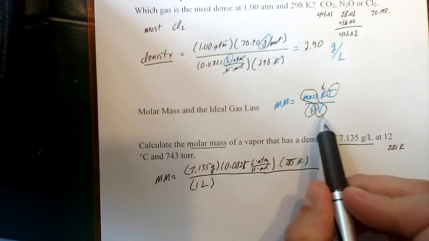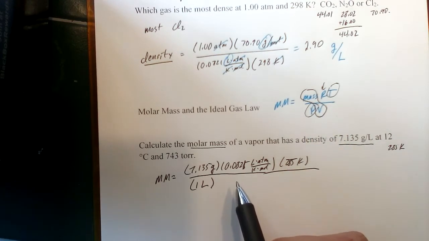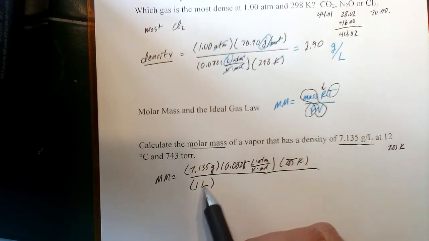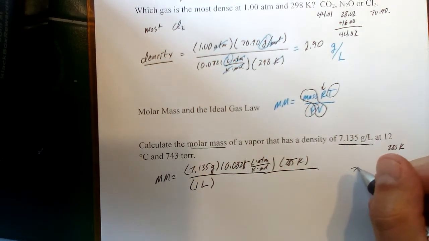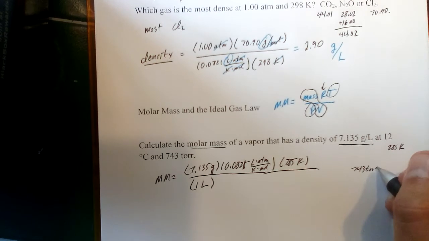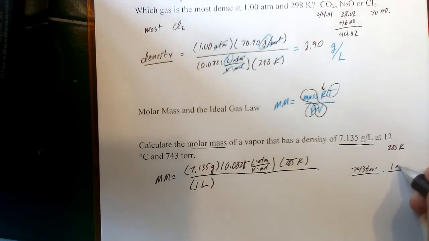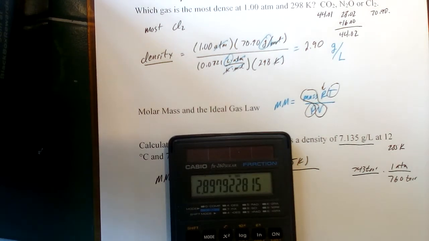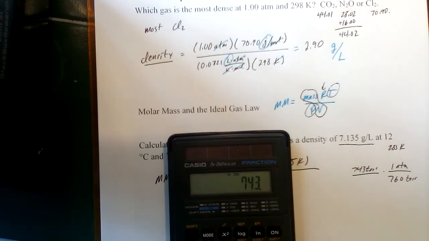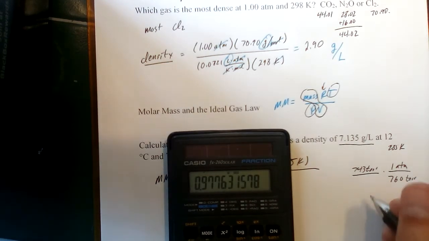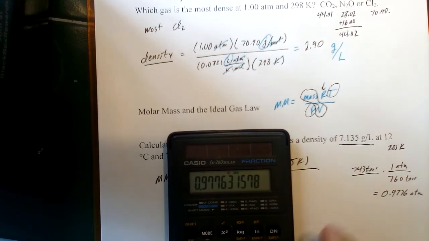And the other piece on the bottom will be the volume. No, we got the volume already, the 1 liter. It's the pressure that we need. So let's turn 743 torr into atmospheres since we are using R. That would be dividing by 760, since a torr and a millimeter of mercury are the same thing. So 743 divided by 760 is 0.9776 atmospheres.